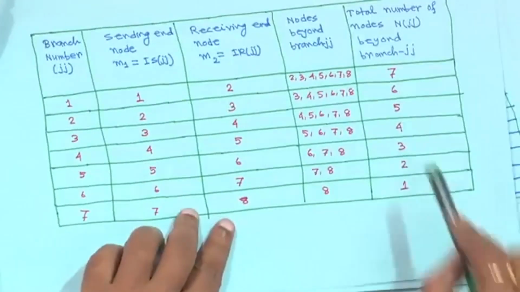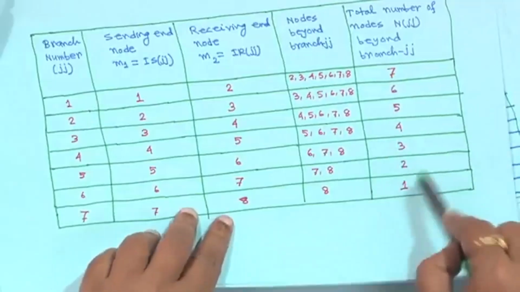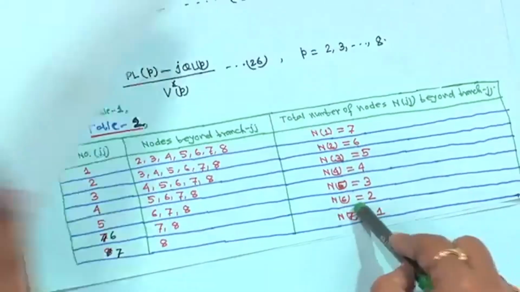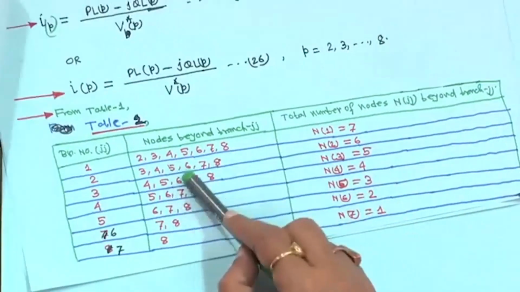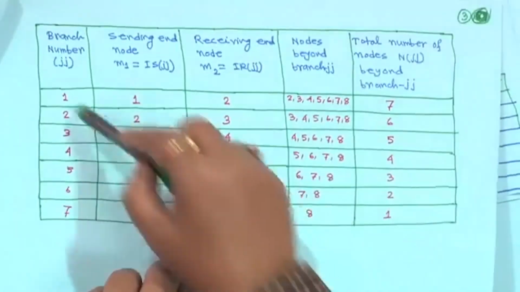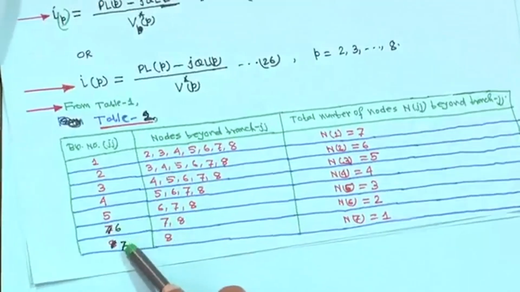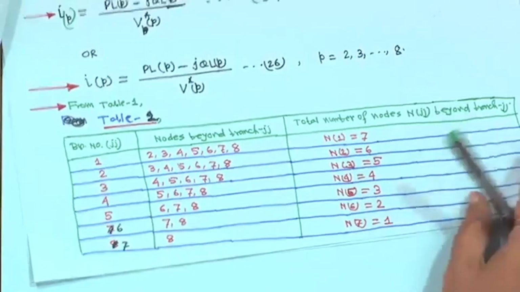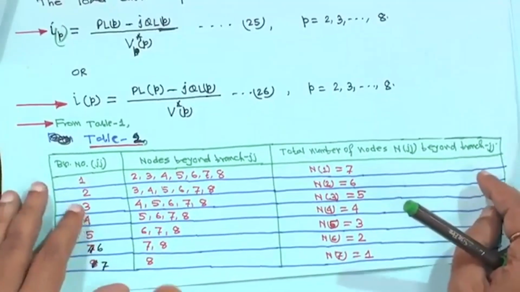That means we are putting this in a better form, this one and this one are the same, and this is the branch number. This way this is my n1, n2, n3. I hope this is understandable, right.